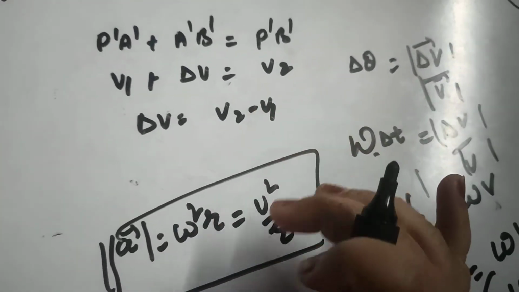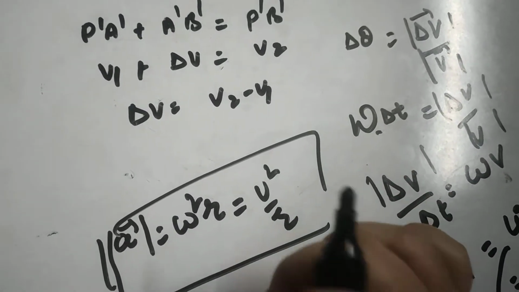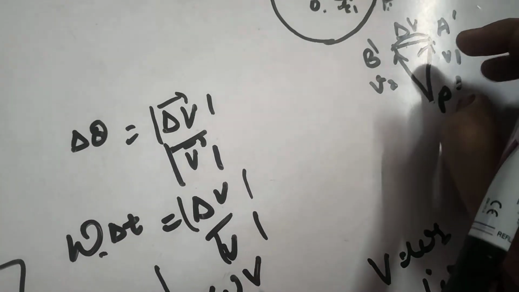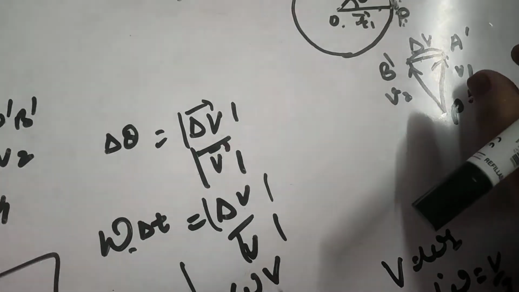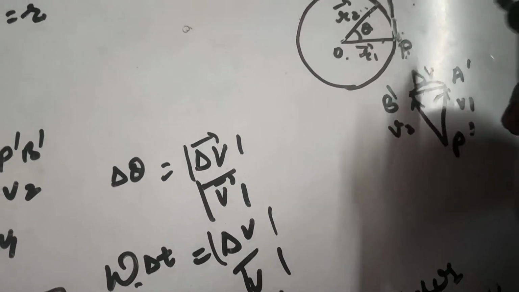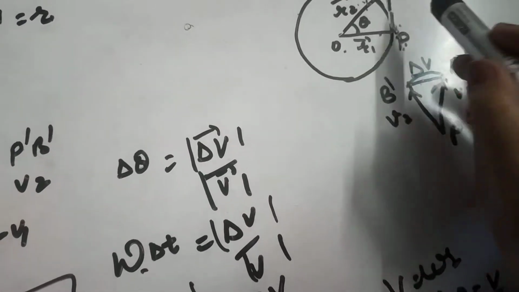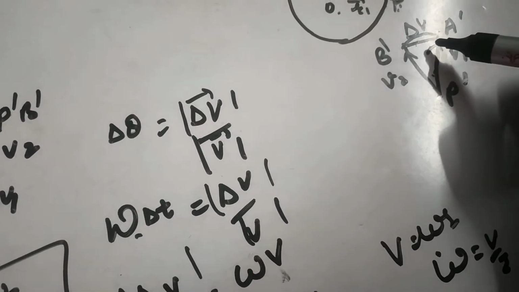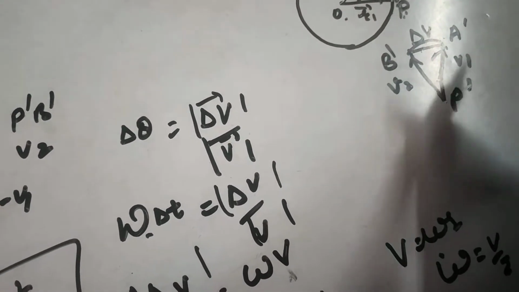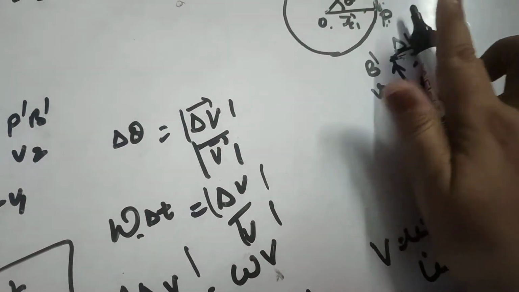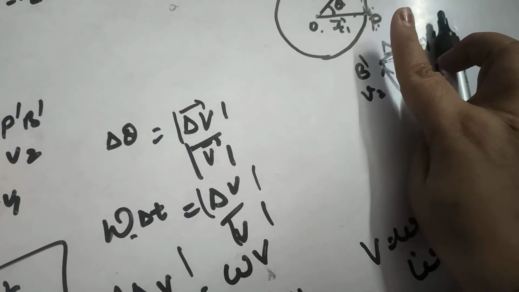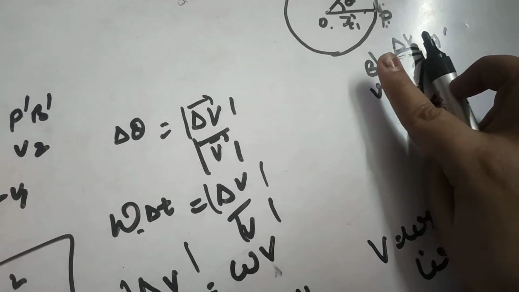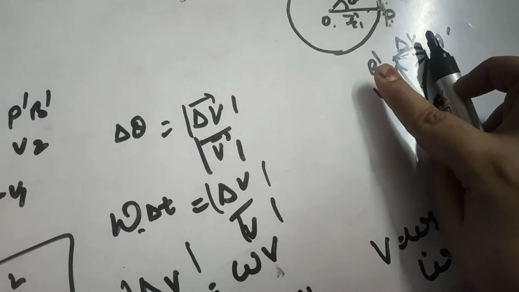Now let us talk about the direction of the centripetal acceleration. Going back to the diagram, we know that the velocity at any point is represented by the tangent to the path at that point. Now if delta t approaches 0, these two vectors come close, and delta v becomes almost perpendicular to v1 or v2 or v.